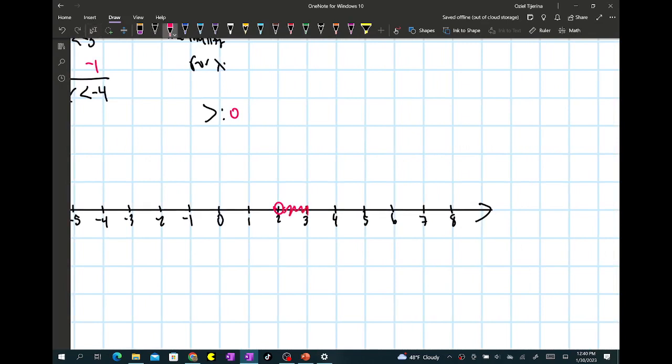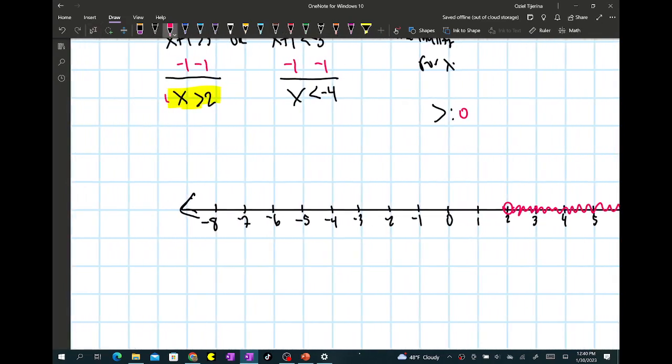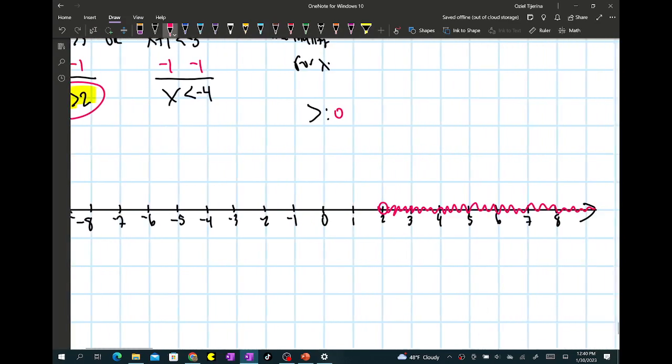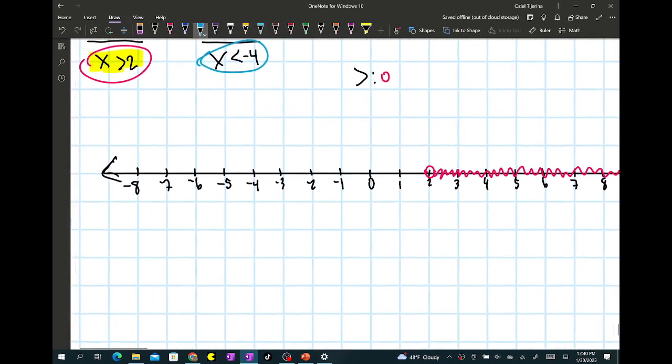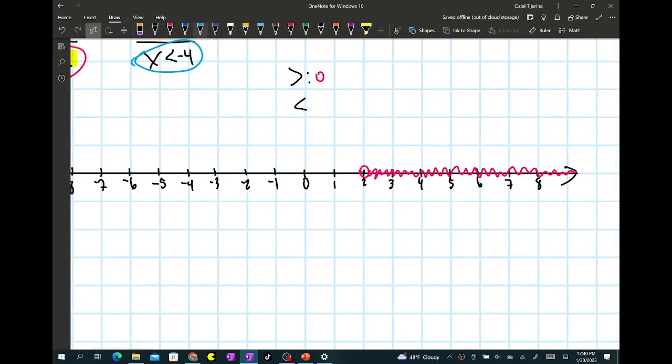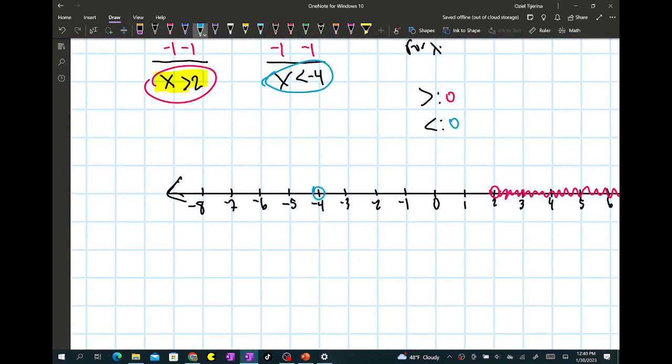So we're going to go this way, right? And then we also have the other one that's x is less than -4. So again, when you have a less than, you're going to use an open circle. So we're going to put an open circle at -4, and then we're going to shade all the real values that are less than -4.